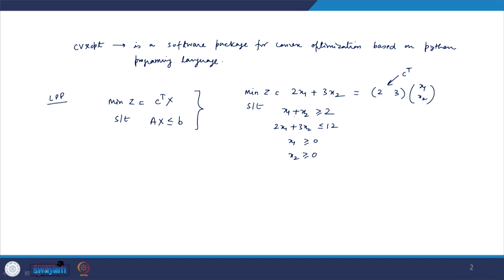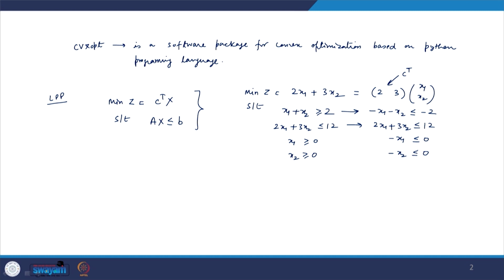So you first multiply the first constraint by -1, which converts it into minus x1 minus x2 less than or equal to -2. The second, 2x1 plus 3x2 less than or equal to 12, has no problem. Then minus x1 less than or equal to 0, minus x2 less than or equal to 0.